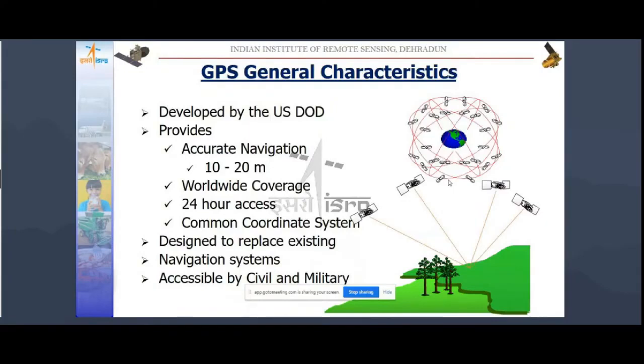We can get the position all over, throughout the day. It has a common coordinate system, and it is designed to replace existing navigation systems, so if any satellite is not working, we can replace it immediately. It is accessible by civil and military users, so it is used for both civil and military applications.